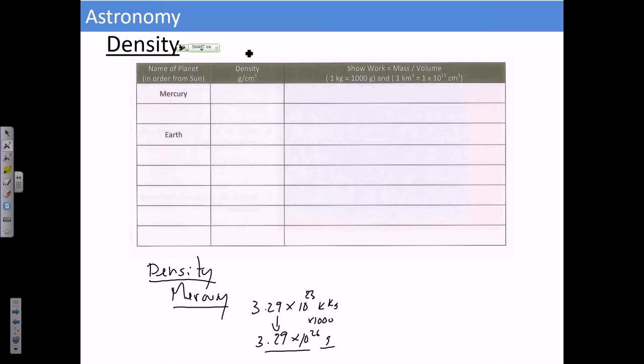On the right-hand side, we've got quite a big number here, something that might not make a lot of sense to you. We have 1 cubic kilometer is equal to 1 times 10 to the 15th cubic centimeters. Okay? This has to do with the fact that we have to multiply some big numbers and cube them to get the correct number of centimeters in 1 cubic kilometer.